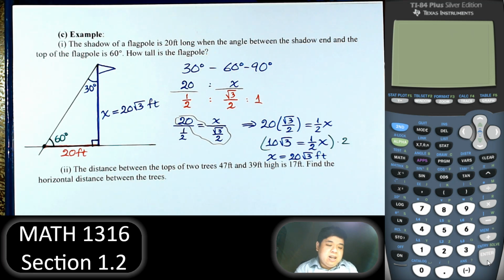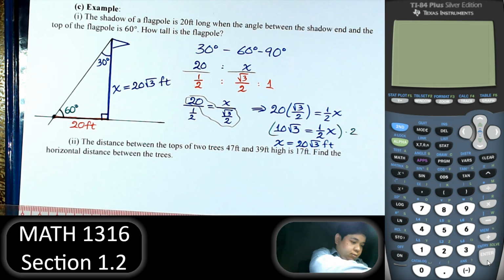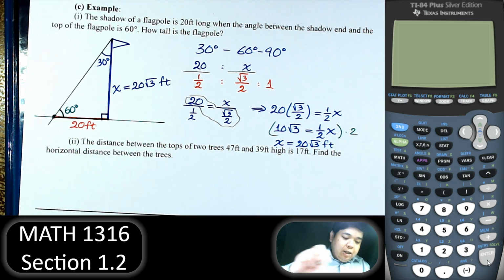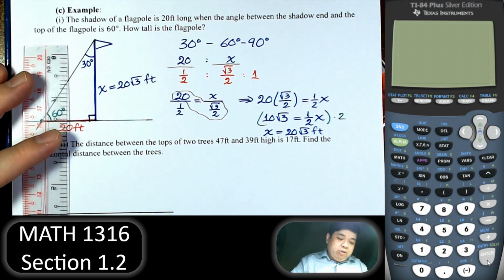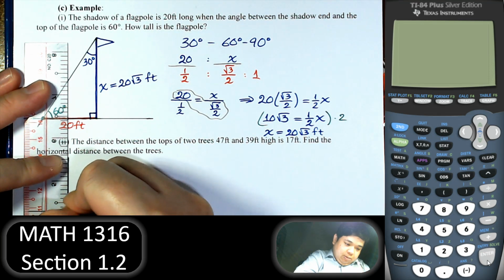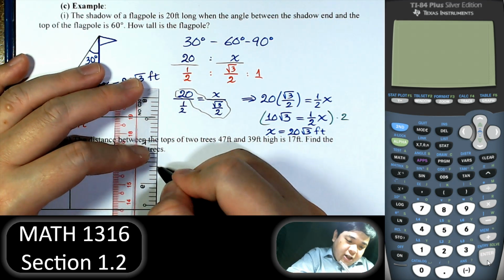Next, find the distance between the tops of the two trees, 47 feet and 39 feet in height, and find the horizontal distance between the trees. Let's see, we have two trees.